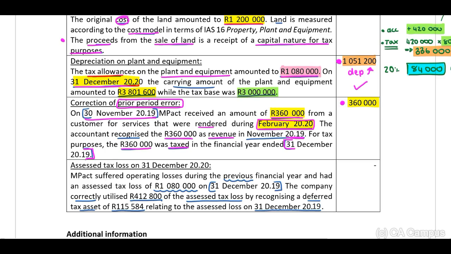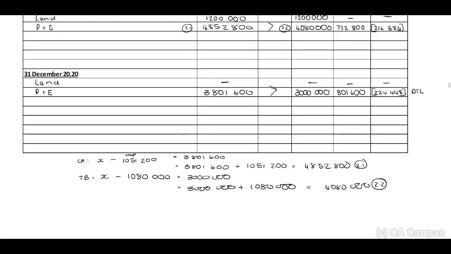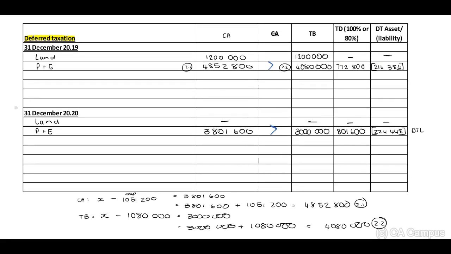Okay guys, so this will be revenue received in advance. It's a contract liability here, guys.